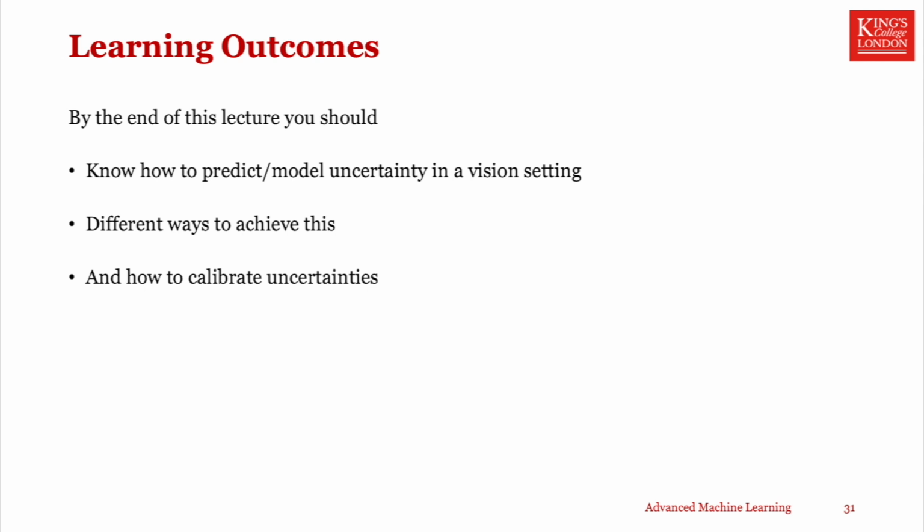There are different ways to achieve this, and we've seen quite a few, all the way from M-heads to probabilistic Unet, hierarchical methods, test time augmentation, etc. And we've also learned that uncertainties themselves are not necessarily well calibrated from the outset. So it might be necessary to run post-processing algorithms, for example, affine scaling or quantile regression, as a way to be able to appropriately calibrate those uncertainties for every one of the models.